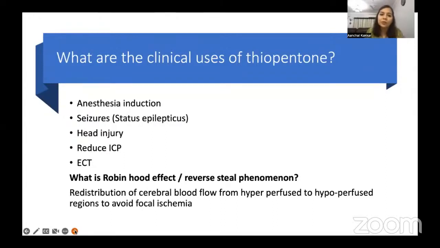That is the reason it is used. It is a preferred drug in head injury patients, in patients who have higher intracranial pressure, who have severe brain injury, where you want to reduce the intracranial pressure. In patients who have status epilepticus, this is the reason, as it decreases the brain activity and avoids any focal ischemia also.